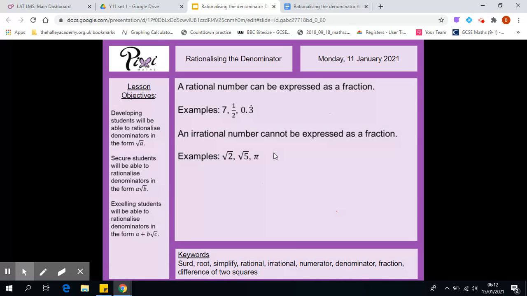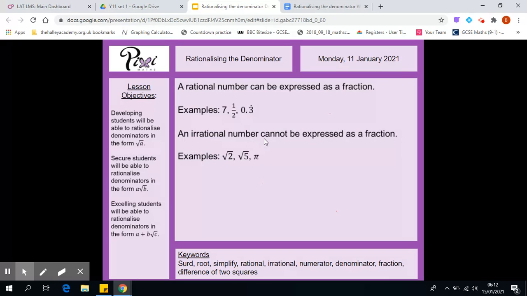Before we look at an example of rationalizing the denominator, let's briefly recap what rational and irrational numbers are. A rational number can be expressed as a fraction: 7, a half, 0.3 recurring, which can be expressed as the fraction 1 over 3.